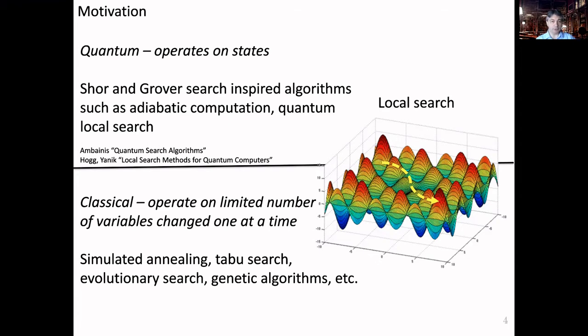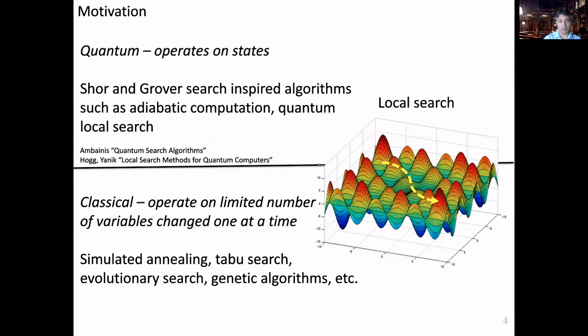Right, so that's the difference between the quantum search, and a lot of strategies that are inspired by Shor's and Grover's algorithms, and the classical local search. The classical case operates on a limited number of variables changed over time. The quantum search operates on the superpositions of all solutions.